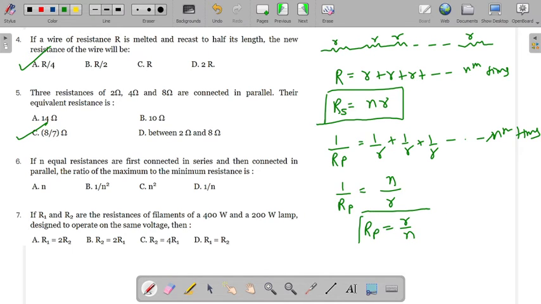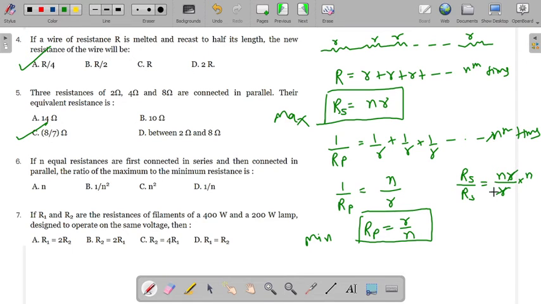This is the parallel. And what is asked? The ratio of maximum to minimum. Of course RS is maximum and RP is minimum. So we have to do their ratio, that is RS over RP. RS over RP equals nR upon R by n, and the n in the denominator gets multiplied.